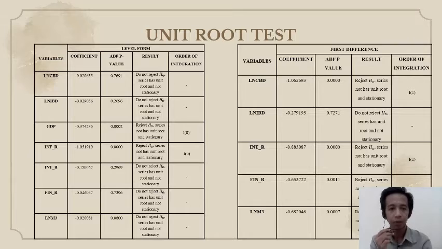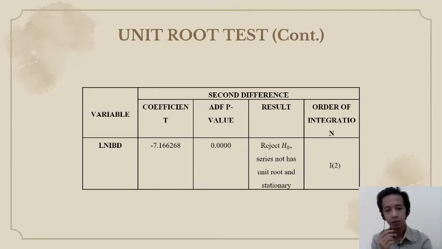At the first difference, total saving deposit of the conventional bank, interest rate, financing rate, and money supply are stationary. For the second difference, total saving deposit of the Islamic bank is stationary.